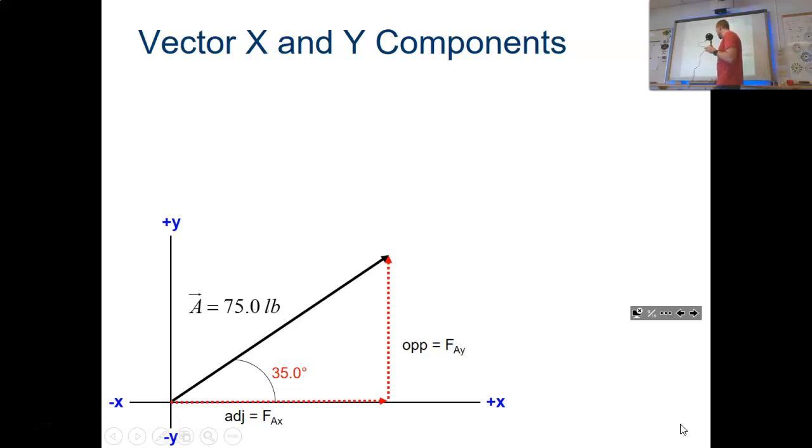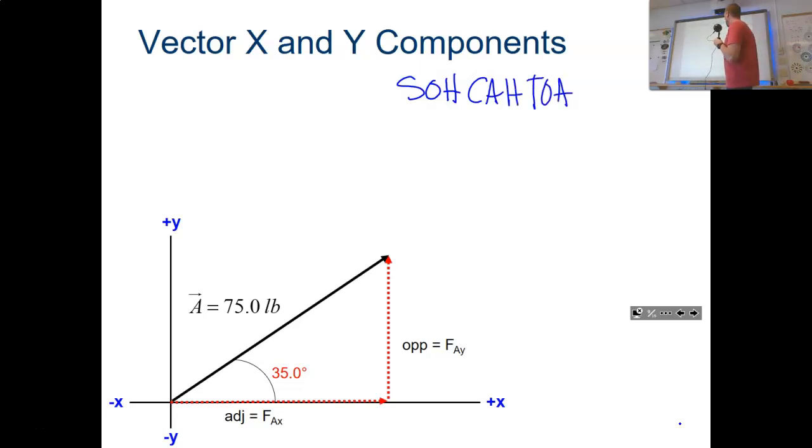So here's where you're going to use SOHCAHTOA. So number one, we're going to find the opposite. We know the hypotenuse. So which one of these functions uses opposite and hypotenuse? Sine does.